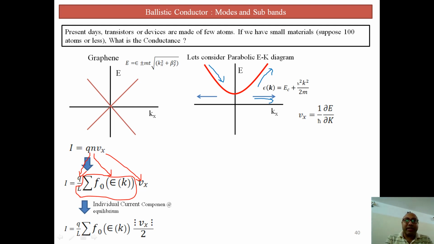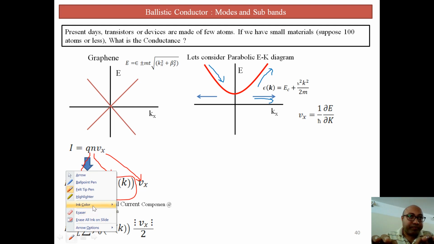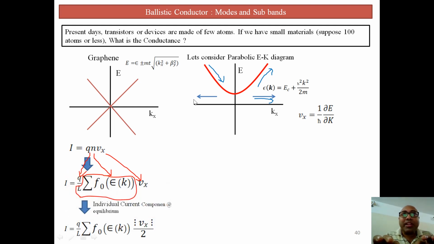That we had a discussion on. So the current you are getting here is actually the total current. I just want to know the contribution of each individual component.